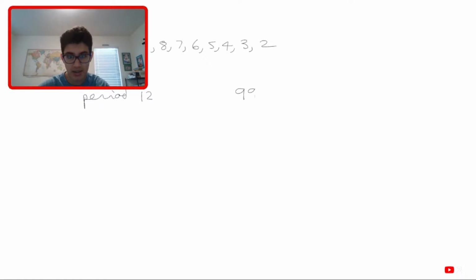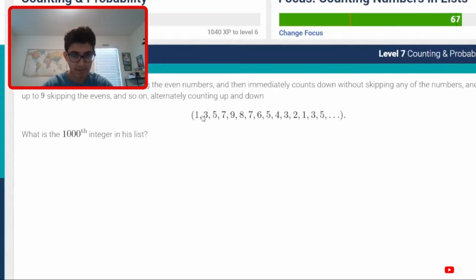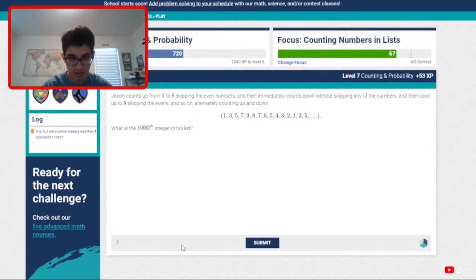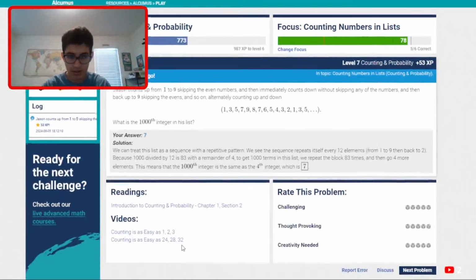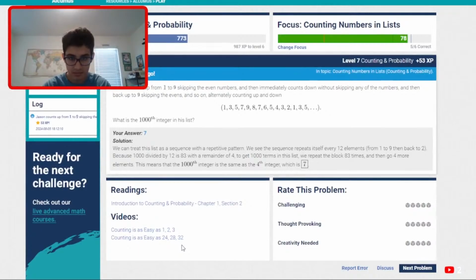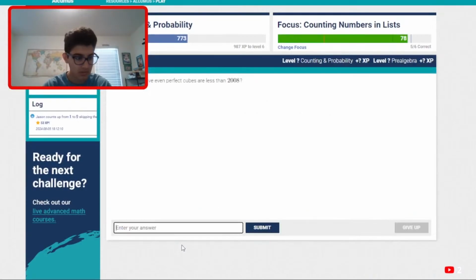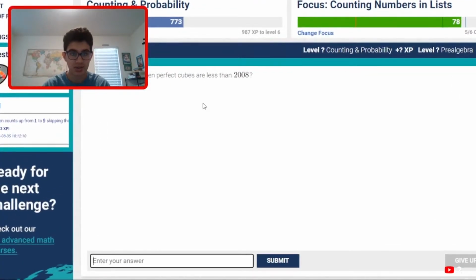So 996 is a multiple of 12. So that will be 2. Then 997, 998, 999, 1000. So the thousandth term should be 7. I think. Not sure. Okay, yeah. So it's just correct.